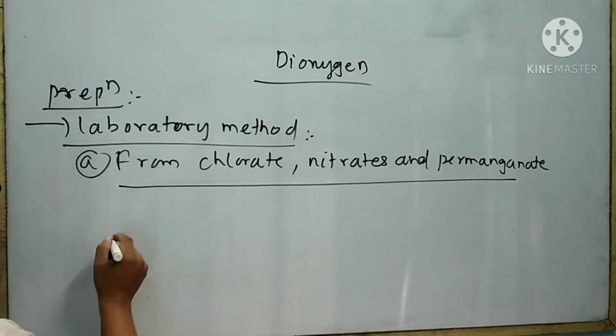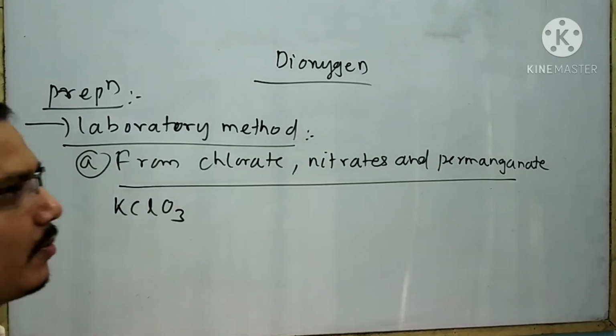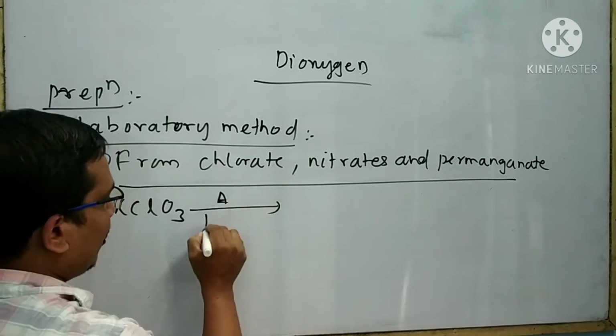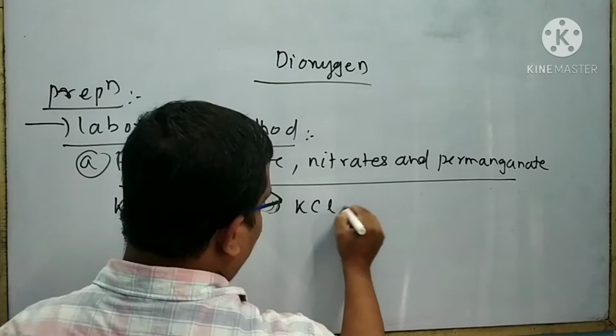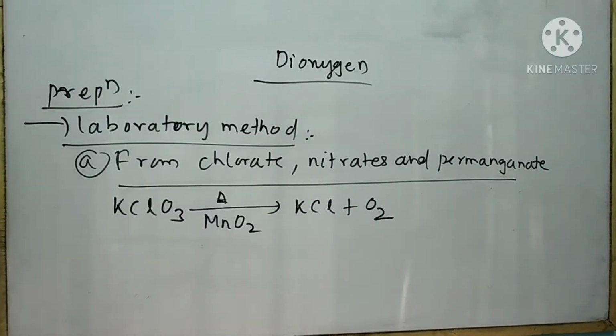Suppose I take potassium chlorate. When potassium chlorate is heated in the presence of MnO2, potassium chloride and oxygen are formed.